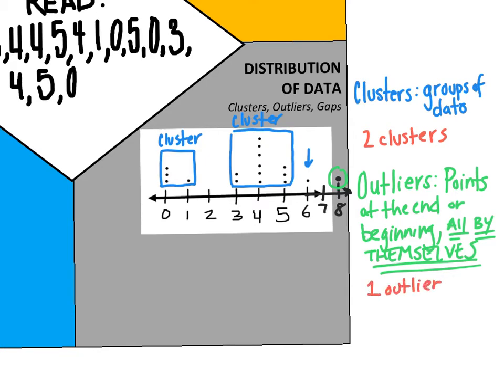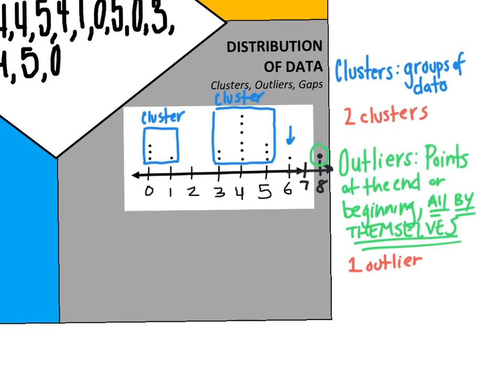And then the last one we're going to work on today is gaps. So our gaps, let's use black for now. Yeah, so a gap, gaps are just spaces, empty spaces. Okay, I'm going to make it that simple, empty spaces. So now let's highlight some of those. So I have a gap here.